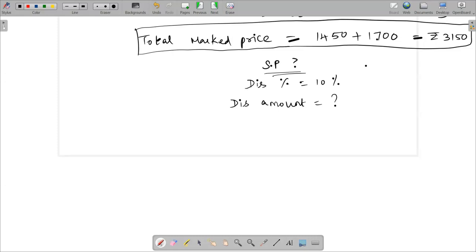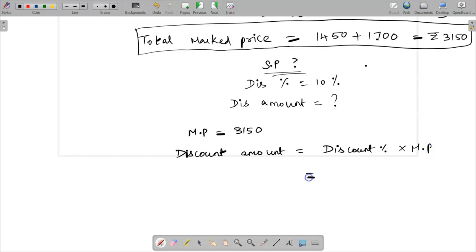Okay. So first let me find out the discount amount so that we can easily find out the sale price. So we know that the marked price is rupees 3150 for all the items. So the discount amount is given by discount percentage into marked price. Okay, so this is the formula which we know already. So what is the discount percentage?